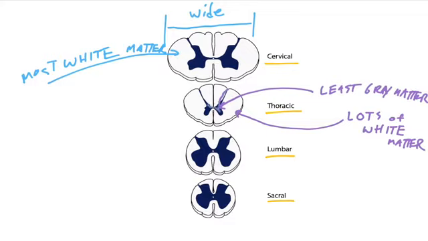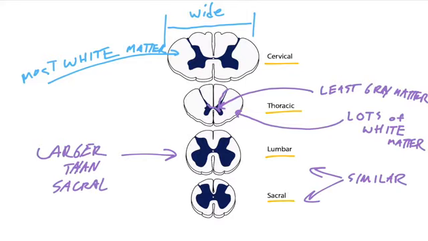And then the lumbar and sacral look very similar. So it's really helpful to recognize that the lumbar, of course, is going to be larger than the sacral. In fact, the lumbar and sacral spinal cord levels are so similar that it's really not fair to ask you a question about identifying just the lumbar or just the sacral spinal cord level in isolation.